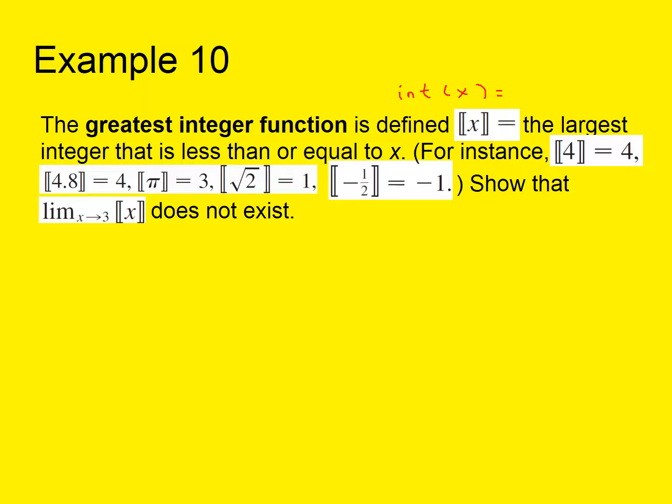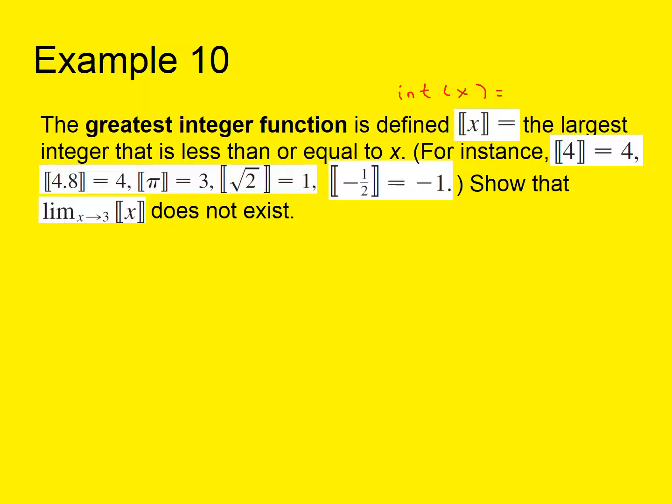So the largest integer that is less than or equal to 4 is 4. The largest integer that is less than or equal to 4.8 is 4. The largest integer that is less than or equal to pi is 3. And the largest integer less than or equal to the square root of 2, a number which is about 1.414, is 1.